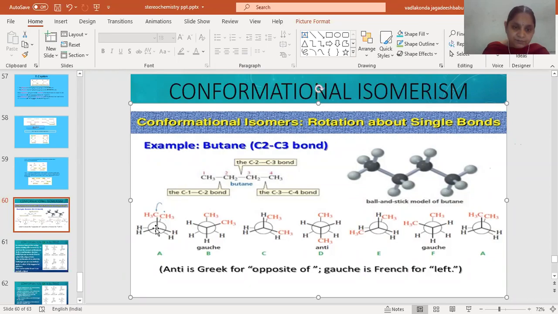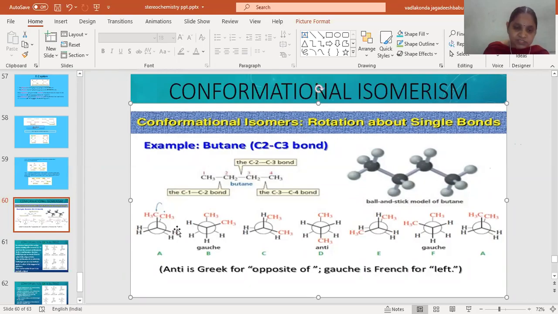So the front carbon bonds will be represented with the single line like this, starting from the center of the circle, whereas the back carbon groups will be represented from the circumference of the circle like this. So this methyl and hydrogens are of front carbon, and the back methyl and hydrogens are on the back carbon.